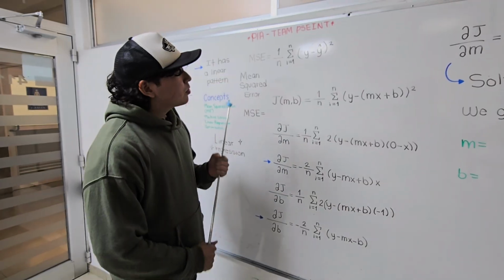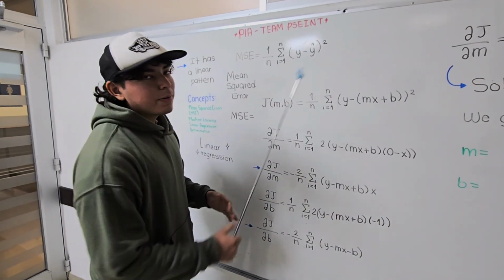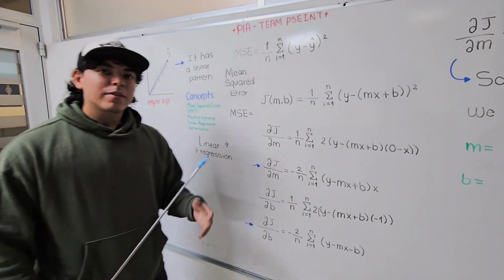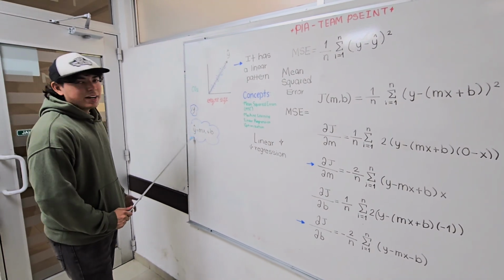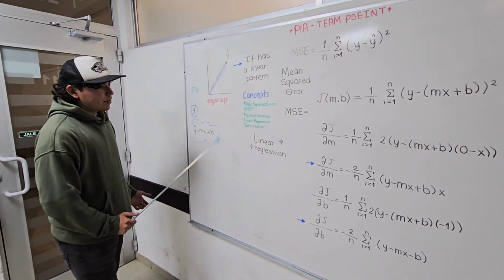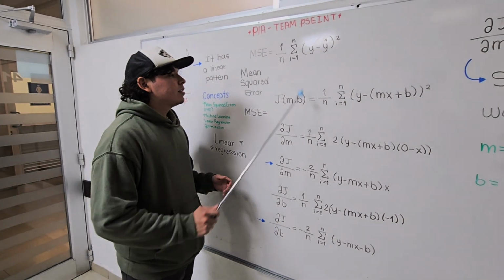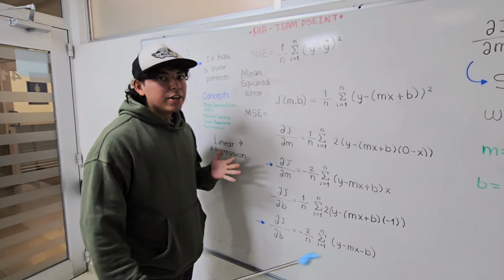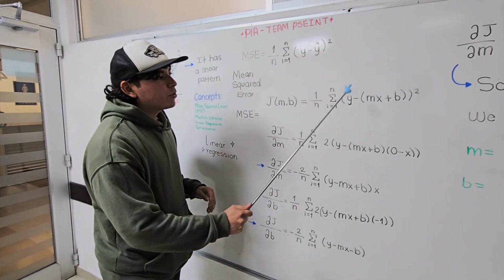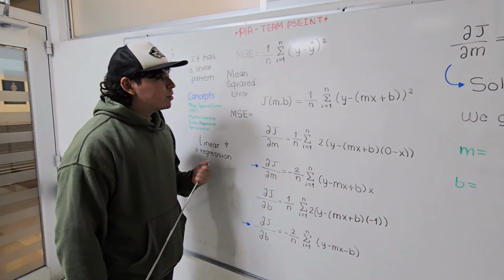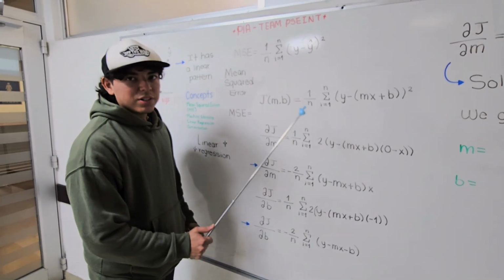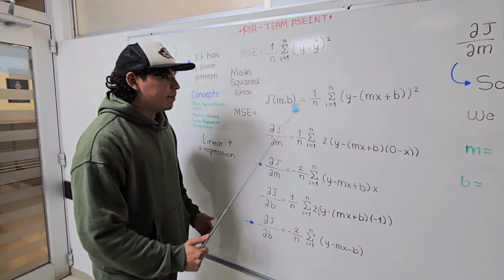And what we want to do first is y hat. We want to replace y hat with the formula that we have for y hat, which is mx plus b. Then we want to apply the chain rule. So we multiply the 2 over here, and we're also going to start derivating partially. First, we start derivating for m.